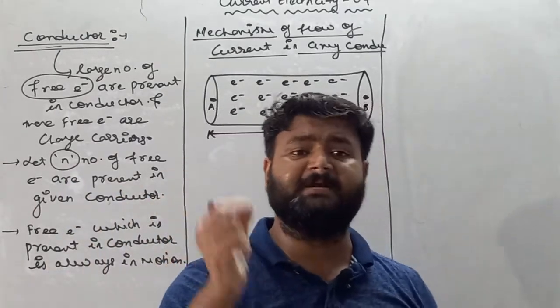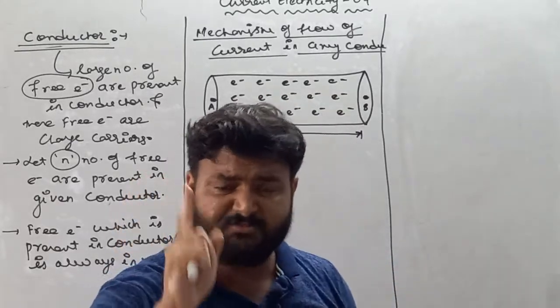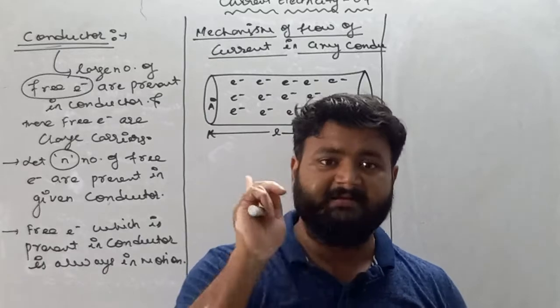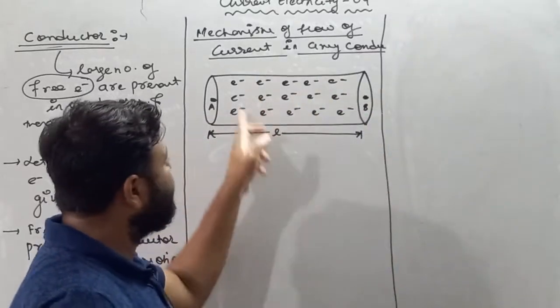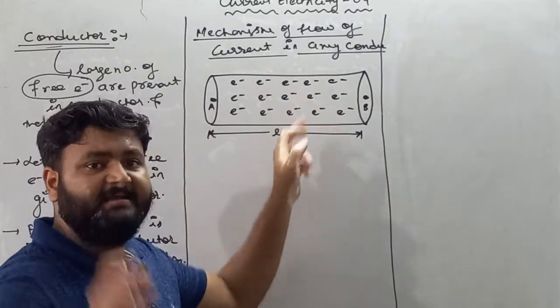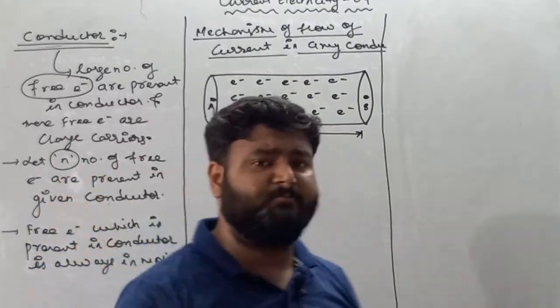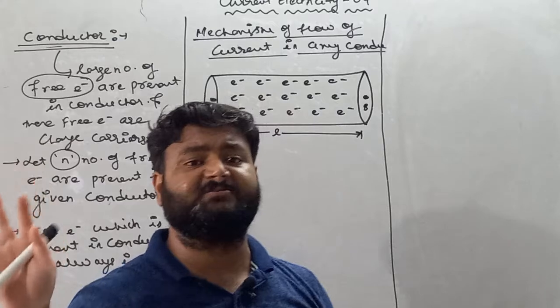So remember this thing, my dear student. There is no special physics mechanism here. Free electrons means the electrons which are always in motion. Free electrons are never at rest.